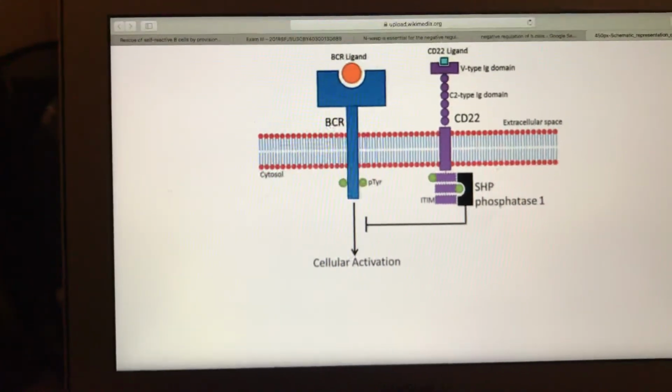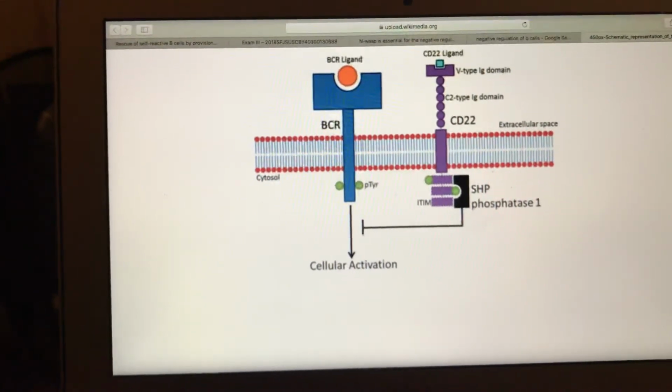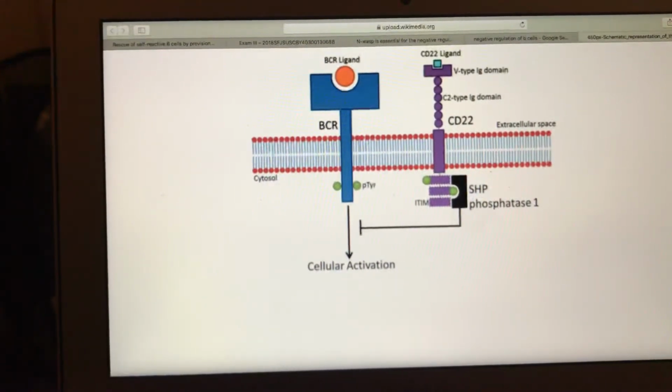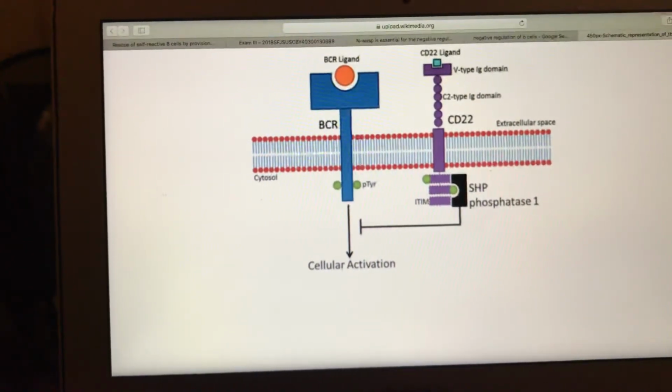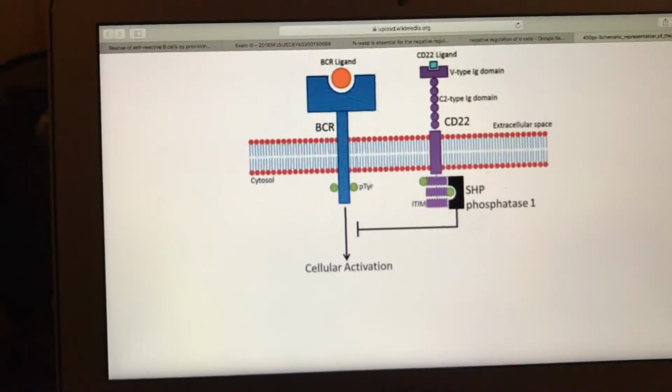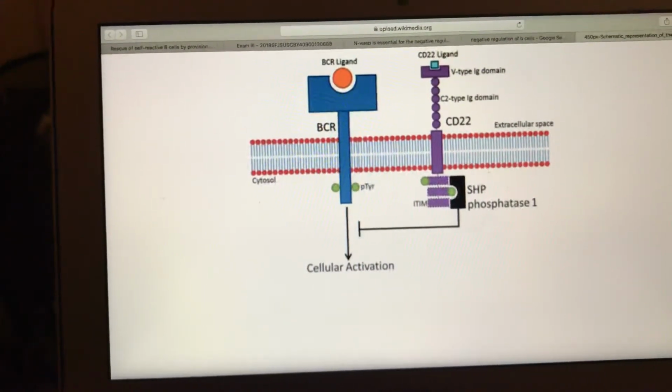So what they did, I'm going to be kind of brief about it, is they used genetically manipulated mice models in total internal reflection microscopy.